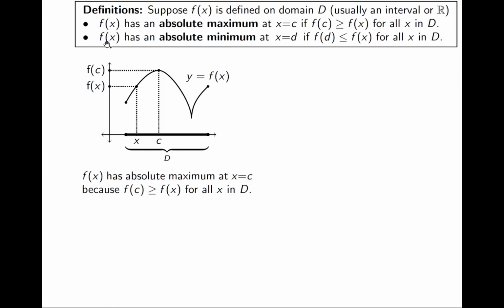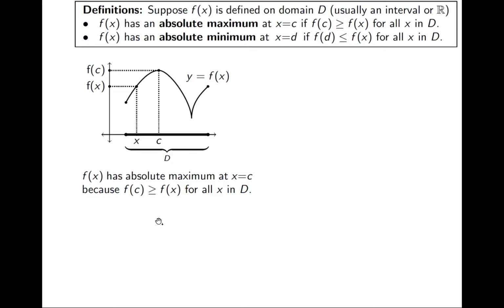Here's a new definition. We say f of x has an absolute minimum at x equals d, little d, if f of little d is less than or equal to f of x for all x in D. Almost exactly the same as what came before, but we're switching the greater than or equal to a less than or equal to and changing maximum to minimum.